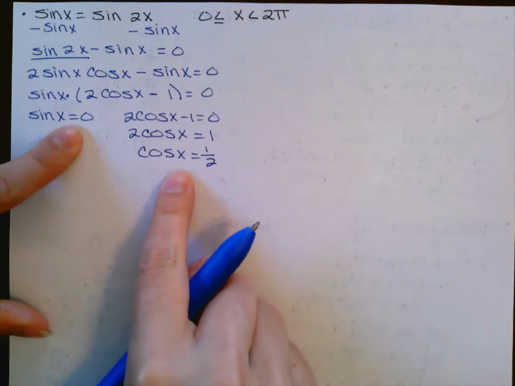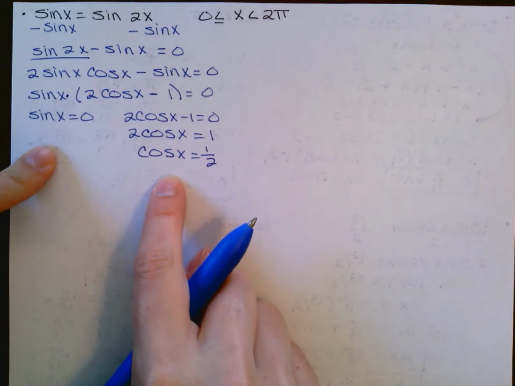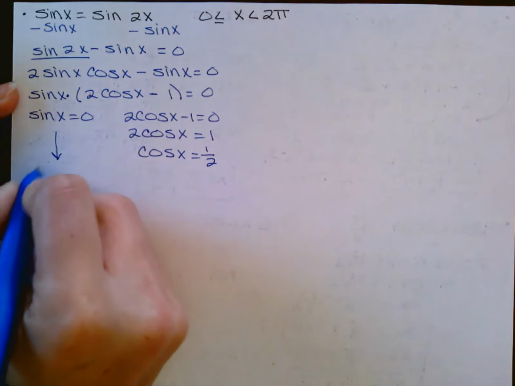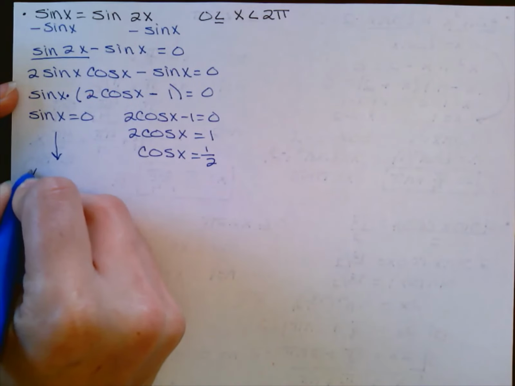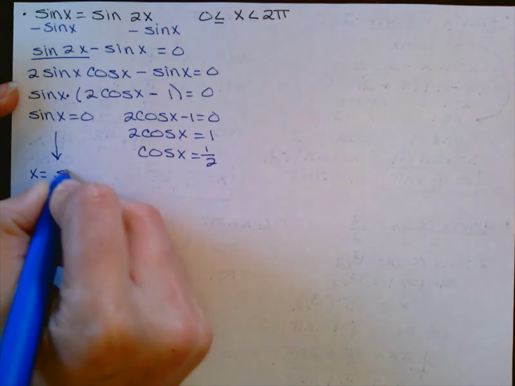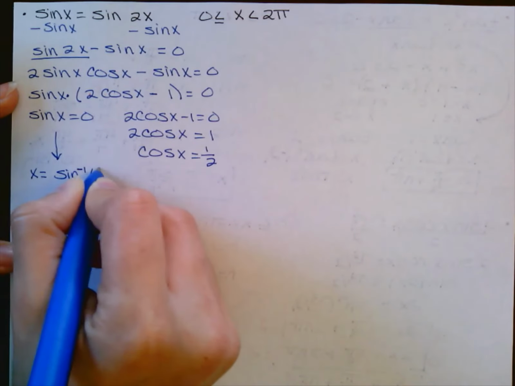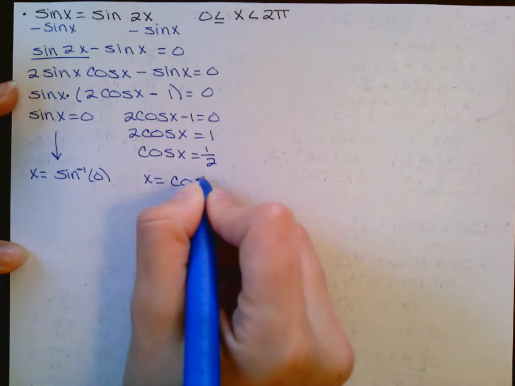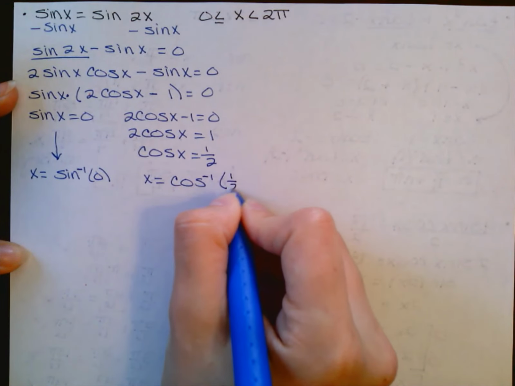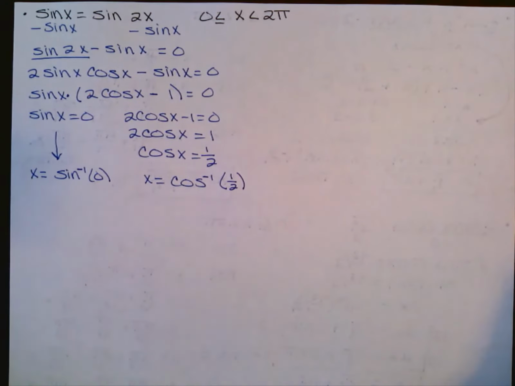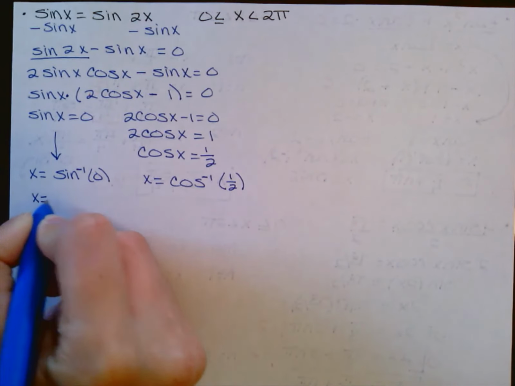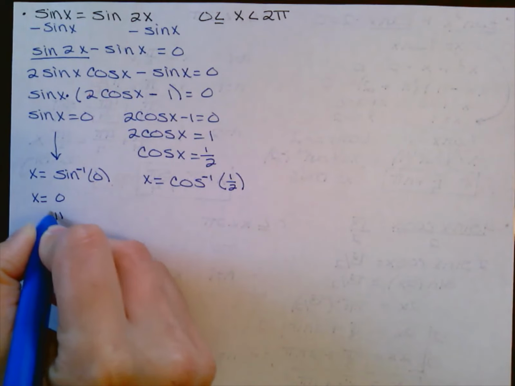Okay, so now that I have my trig functions isolated, I can keep going with the next step. Let's just keep everything lined up. I'm going to move that sign over and I say x is equal to inverse sine of 0. And here, x is equal to inverse cosine of 1/2. So on my unit circle, sine is equal to 0 at 0 and at pi.